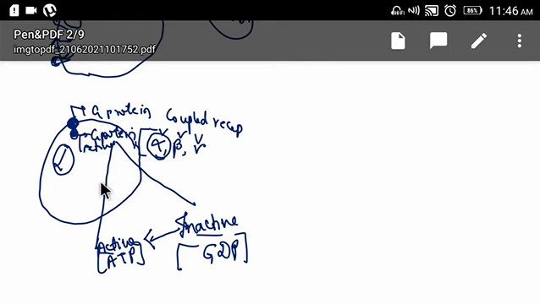This G protein has 3 subunits: alpha, beta, and gamma. It has 2 states, active and inactive. In the inactive state it is coupled with GDP, whereas in the active state it is coupled with ATP. When it is active, the alpha subunit will separate from the G protein and can do any of 3 things.